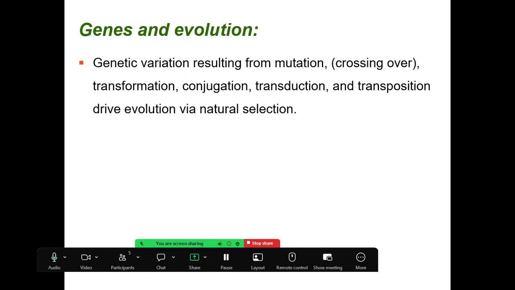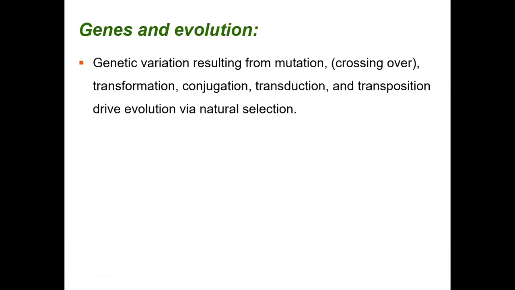All right, let's briefly talk about genes and evolution. Genetic variation, that's genetic differences in a species, ultimately results from mutation. If there is no genetic variation in the population, then the only way it can result is from mutation. An example of this was before 10,000 years ago, in the human population, we only had one allele for eye color, brown eyes.